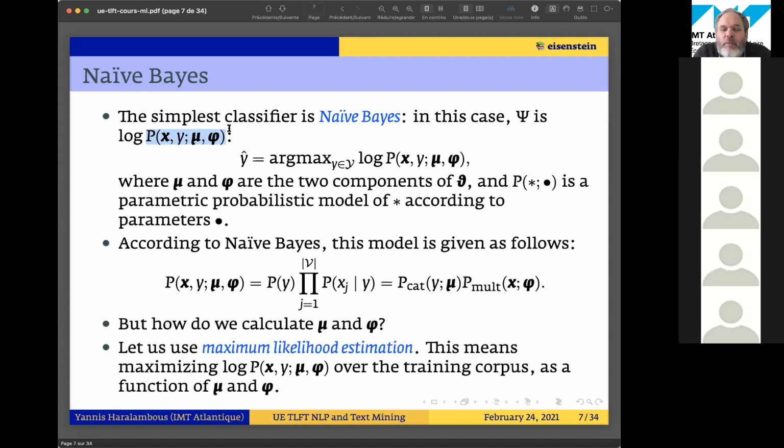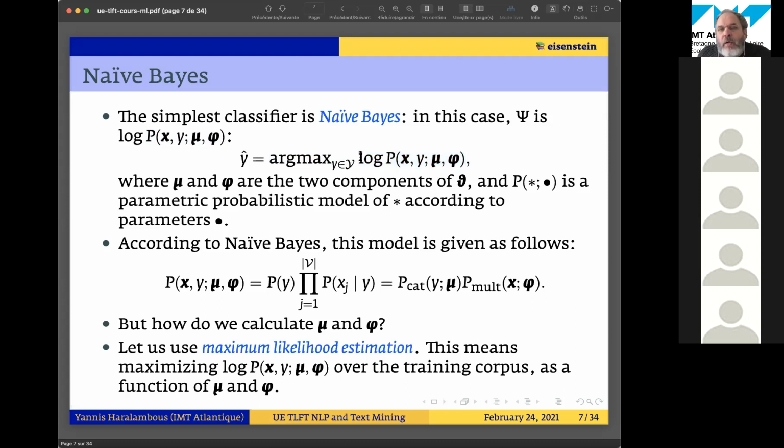It's a function we will define and which will depend on the parameters mu and phi. And once we have defined this model, we will get our prediction by taking argmax of this for all y's. So which is the class y for which this function, which we will define, gives us the highest value.